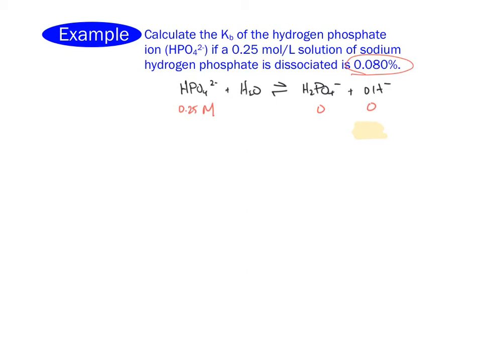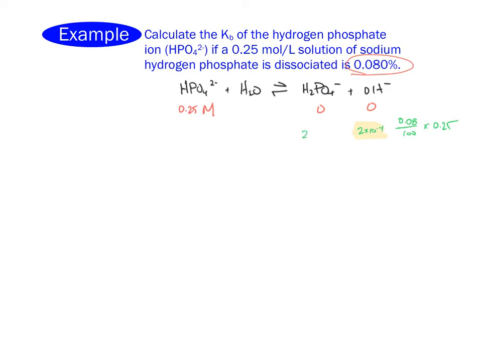0.08% of 0.25. So in order to figure that out, we're going to go 0.08 over 100 times 0.25. And we're going to get 2 times 10 to the negative 4.